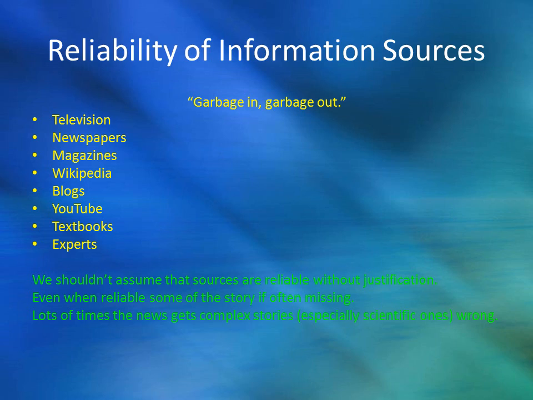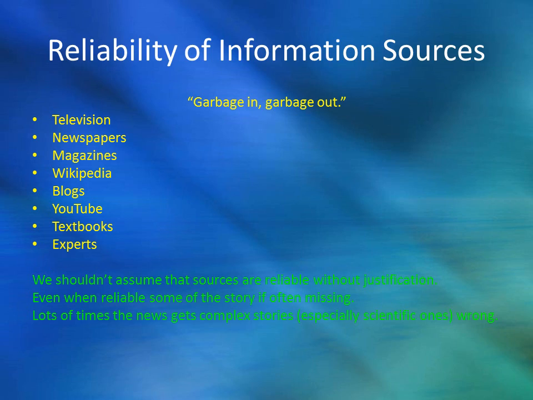But what's important is that we shouldn't assume that sources are reliable without some sort of justification. Justification can be reputation from the past, the types of sources they're using, individual reporters. It can be a whole host of things.